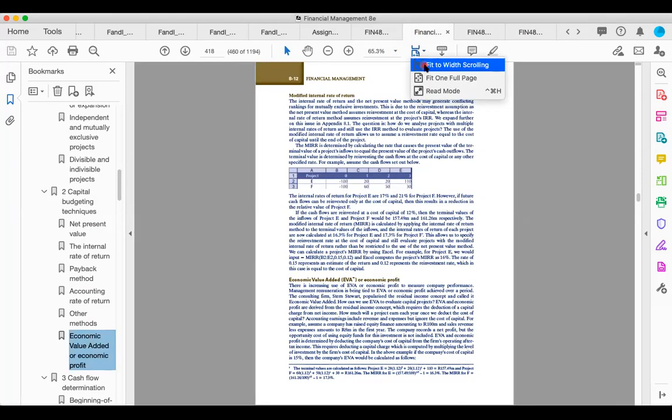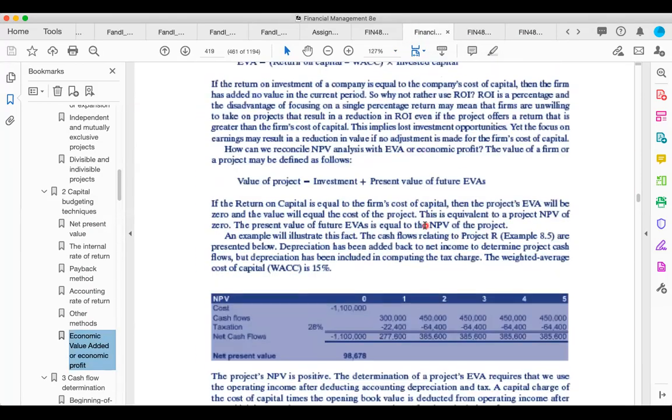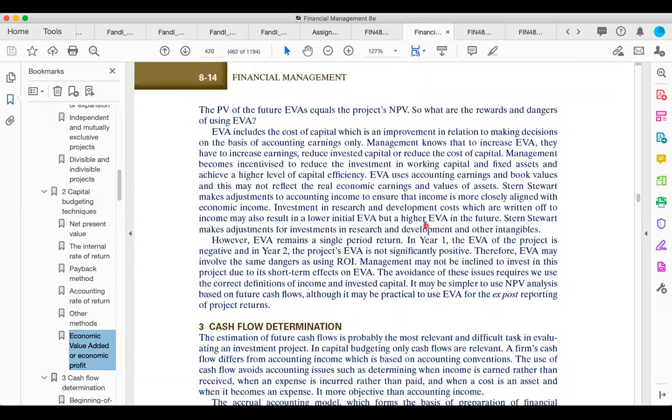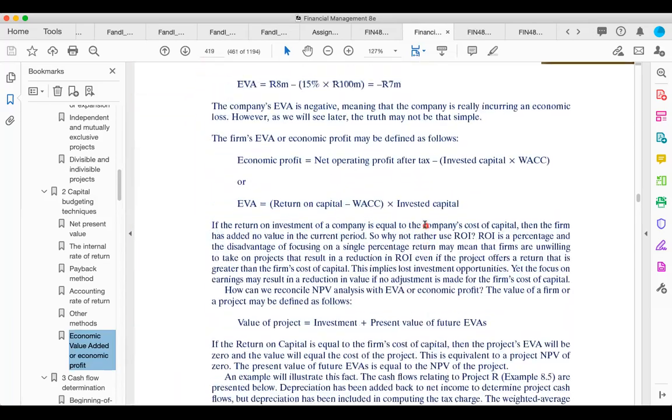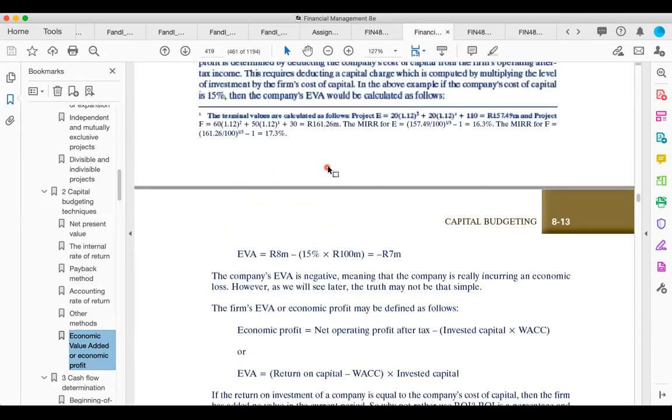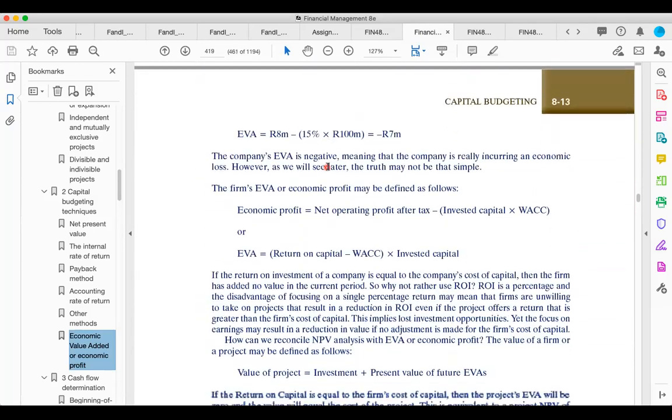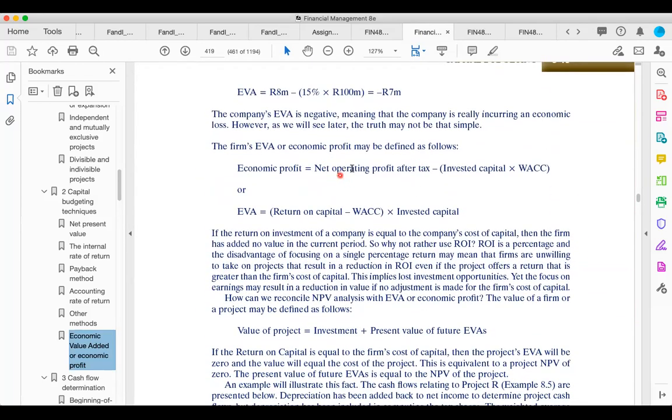But for this section of the textbook, you just have to know that we can also use the economic value added, which we calculate as the net operating profit after tax minus invested capital times WACC, right? So these two formulas can help us to calculate the economic value added.